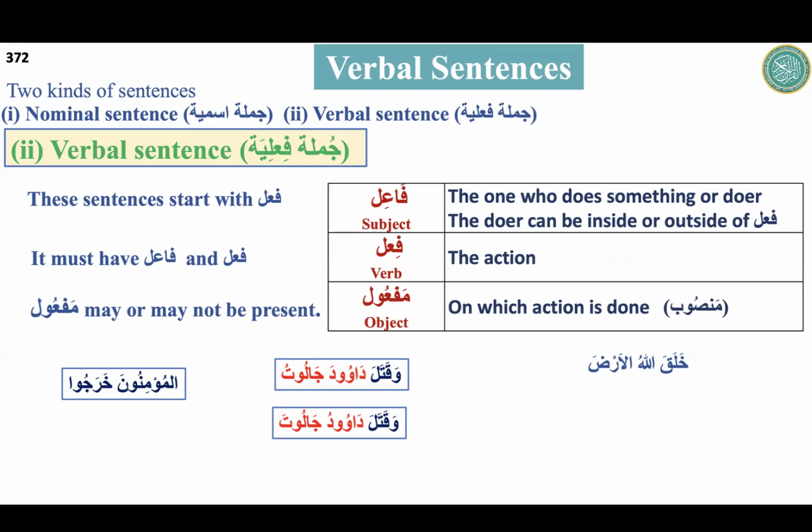Can you please define a verbal sentence and a nominal sentence? A nominal sentence starts with a noun. Okay. And a verbal sentence starts with a verb. Okay, tell me about this: is it a verb or a noun?